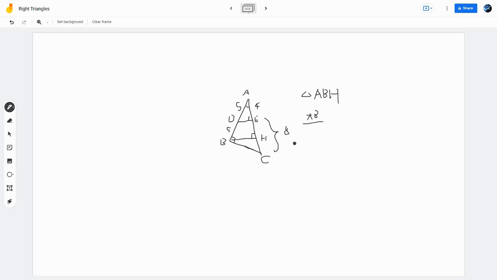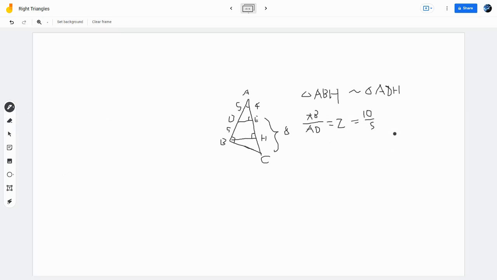We have AB over AD is equal to 5. So triangle ABH and triangle ADE, their ratio of similitude is going to be 2, right? Because it's equal to 10 over 5.